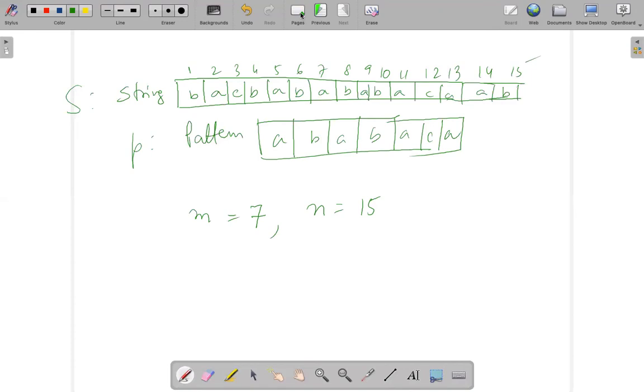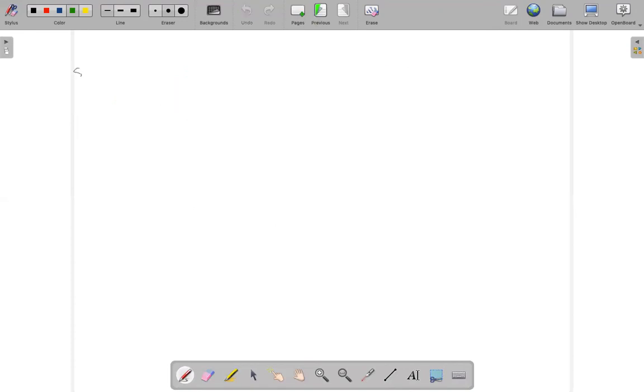Okay. So now step 1. I is 1 and Q is 0. So we compare P1 with S1.